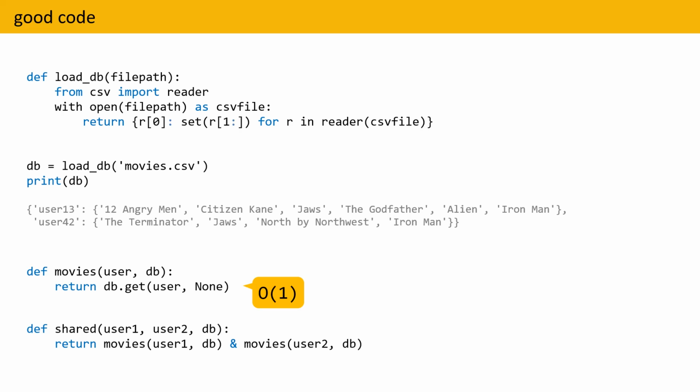The shared function is now a one-liner that computes the intersection of two movie sets. Set intersection is of linear complexity and again a large improvement over the quadratic complexity of the previous implementation. So by picking the right data structure, the code became shorter, simpler and much faster, especially for larger databases.